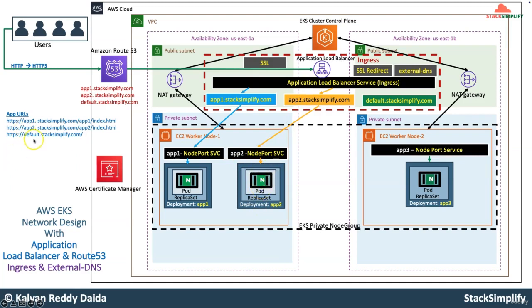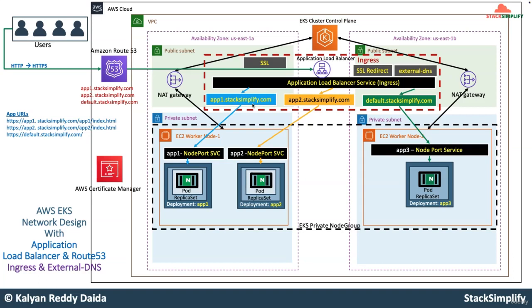And whenever a user accesses default.stacksimplify.com, the request will go to the default backend. So this is called host header based routing, or name based virtual host routing, in ingress.